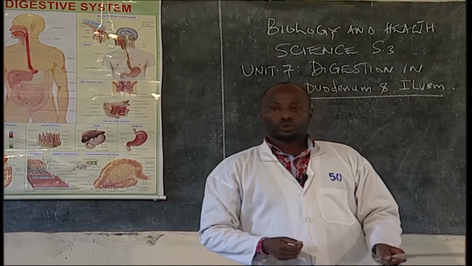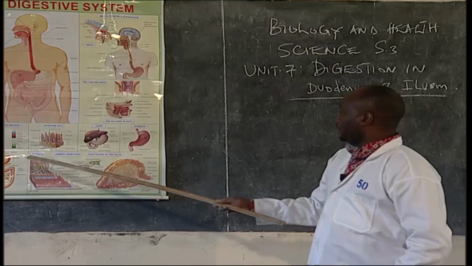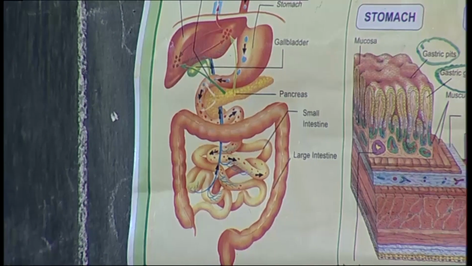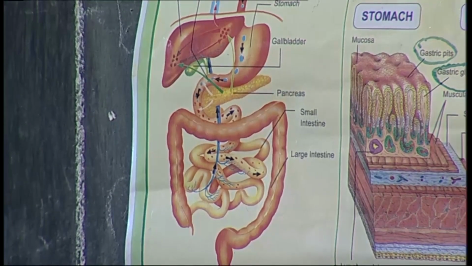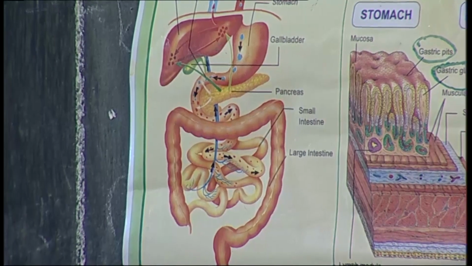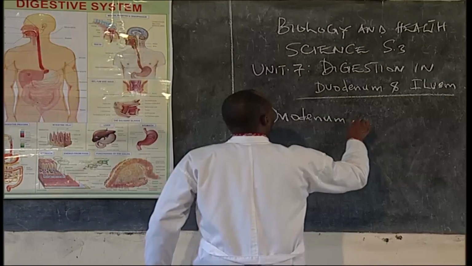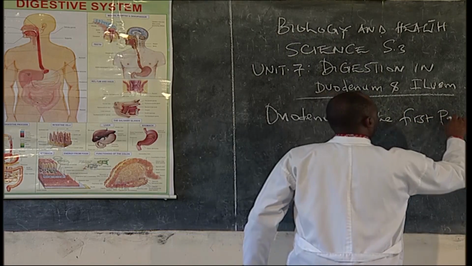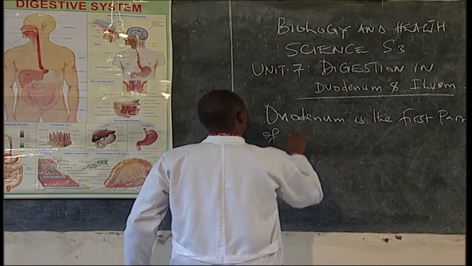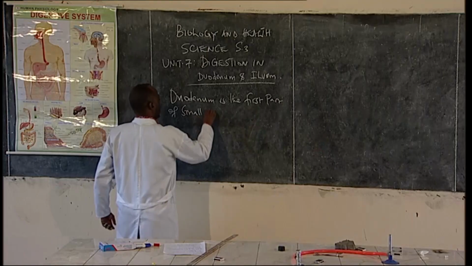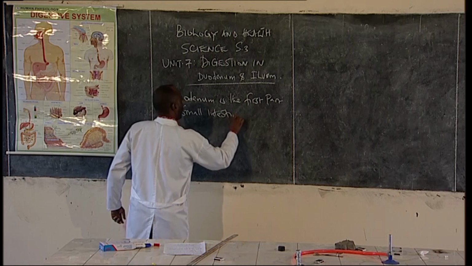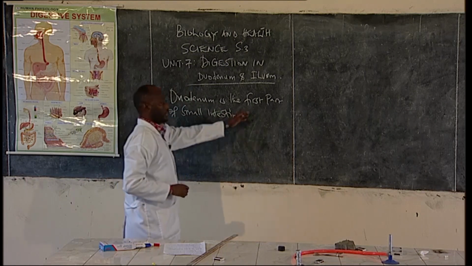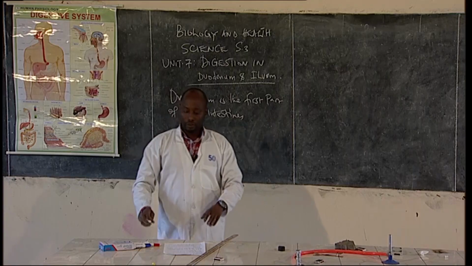So today we're going to talk about digestion in the duodenum. The duodenum is the first part of the small intestine, where there is further chemical breakdown of food.